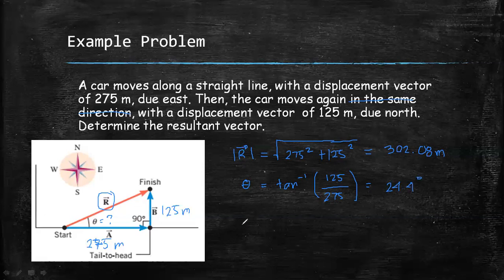Therefore, our resultant vector is equal to 302.08 meters at 24.4 degrees north of east.